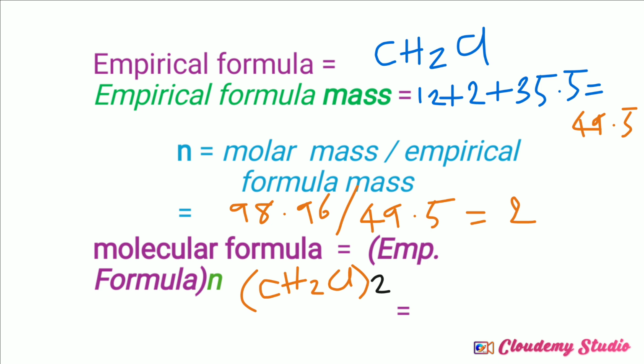So when we multiply, the result is C2H4Cl2. Using this value of 2, we are multiplying all the atoms. So we have got the result C2H4Cl2. This is the molecular formula. That is the answer. C2H4Cl2 is the molecular formula of the compound. The empirical formula of the compound is CH2Cl.